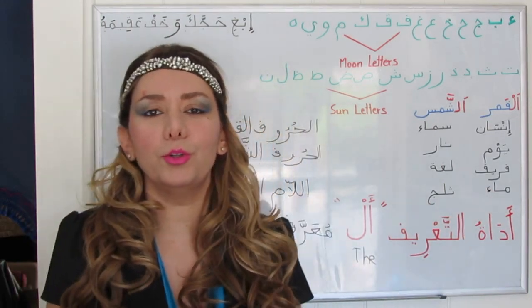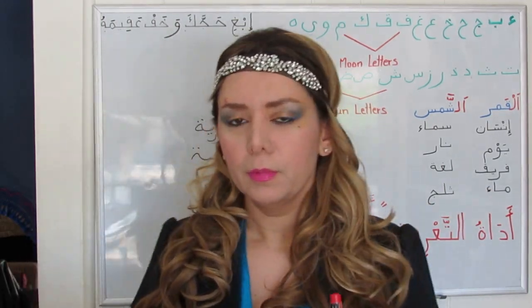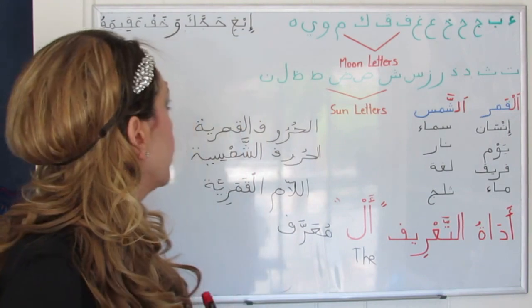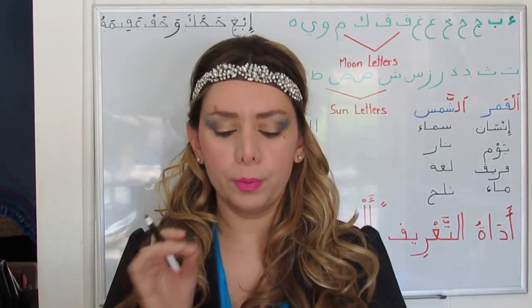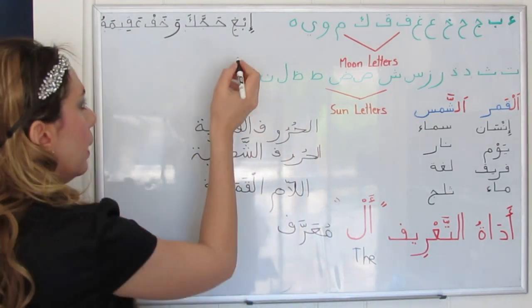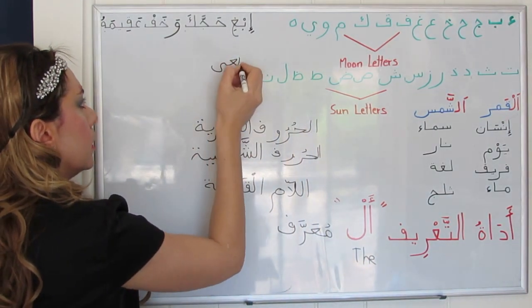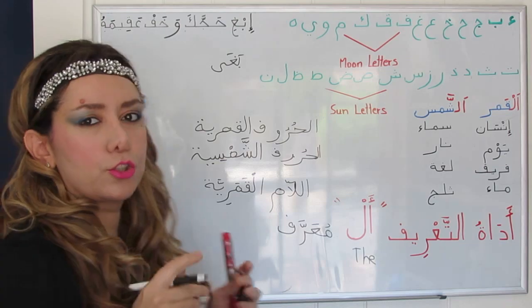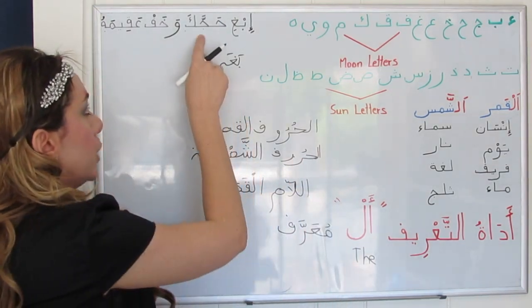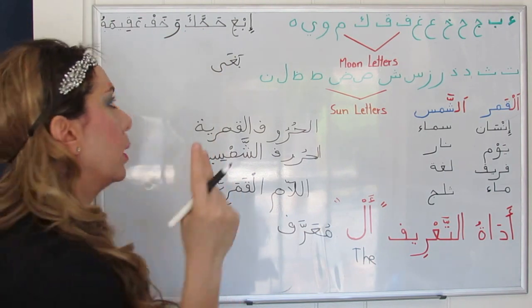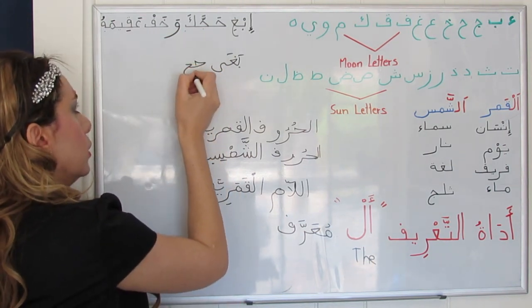Actually, you don't need to know the meaning of it, but I will clarify it for you. Ibri is from the verb bara. Bara. It's to desire eagerly. Hajjaka. Here we have two parts. Hajj and the kaf.